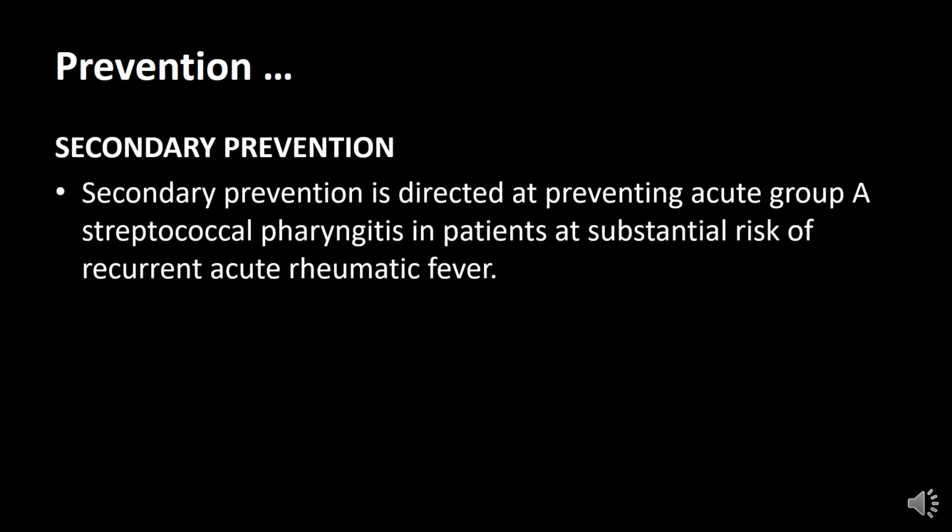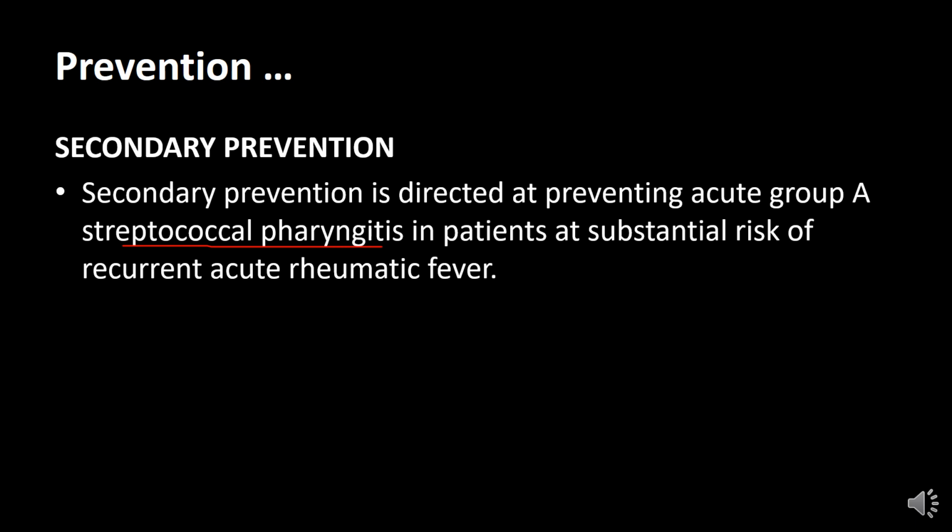Let's talk about secondary prevention. This is for the children who have already suffered the first attack of rheumatic fever. So in secondary prevention, we want to prevent group A streptococcal pharyngitis in these patients, because it is the group A streptococcal pharyngitis that will lead to a recurrence of the acute rheumatic fever.